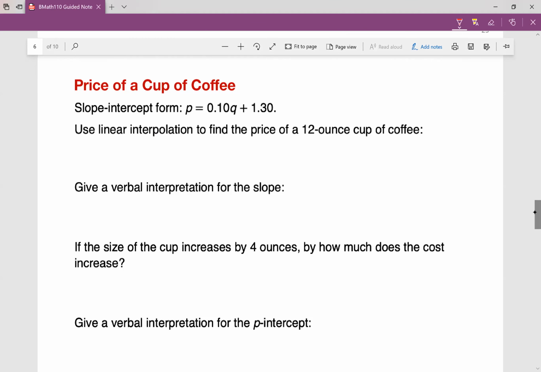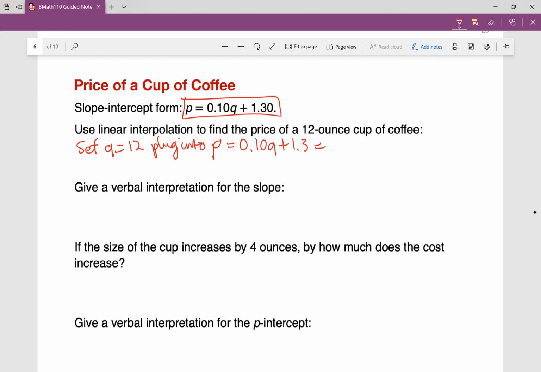And now, since we have the slope-intercept form, we're going to use linear interpolation to find the price of 12 ounces of coffee. We know that Q is the size of the cup, so Q equals 12, and we plug into the P equation: P equals 0.110 times Q plus 1.3.